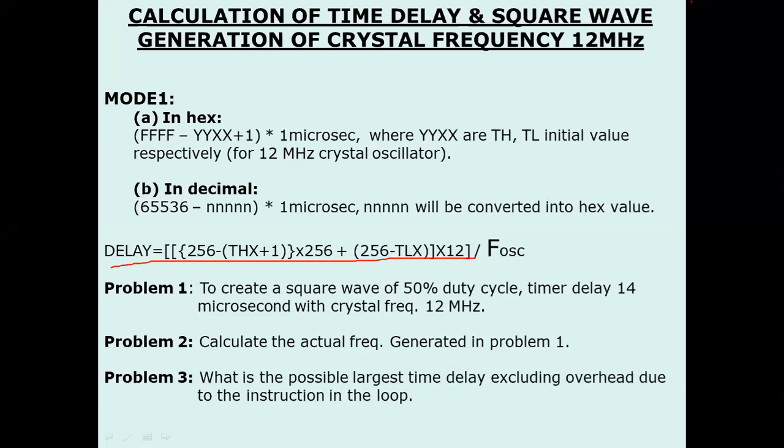That x value is 254 in decimal number, and it can be converted to its hexadecimal number, and the answer will be FEH. Okay, clear or not? Now you need to put the value of 254 in place of x and calculate the value of the delay. So it will come like 13 point something or 14 point something, near around 14 microseconds. Understood or not?